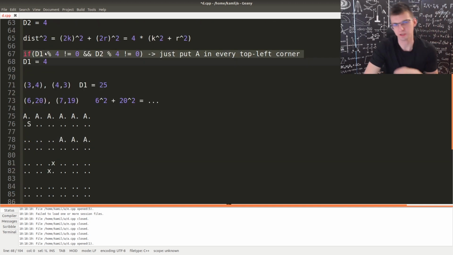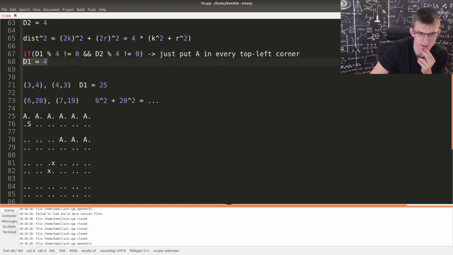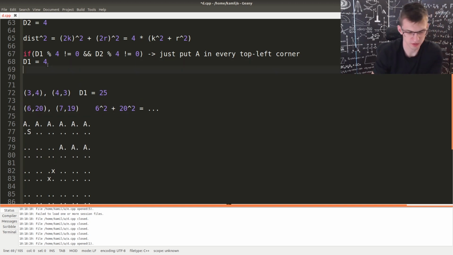Is there something special about D1 being divisible by 4? Does it mean that this A will only forbid top left A's? Of course, there is also D2.